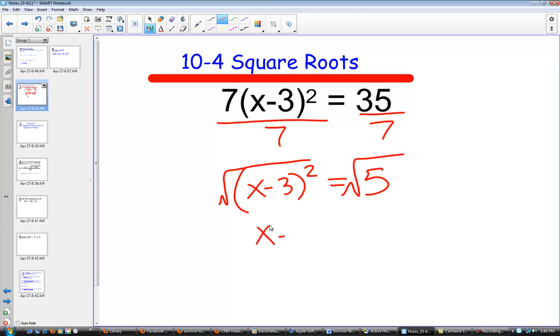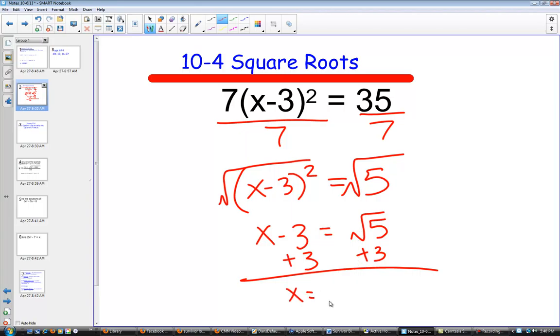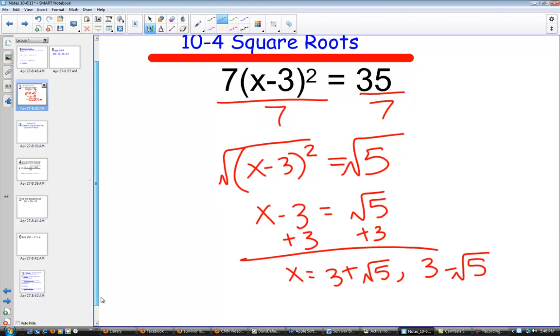In this one, when we do this, we have to approximate the roots. We don't get the exact answer, do we? We get 2 roots, which would be 3 plus the square root of 5 and 3 minus the square root of 5. At this point we have 2 roots, and that's the exact answer.